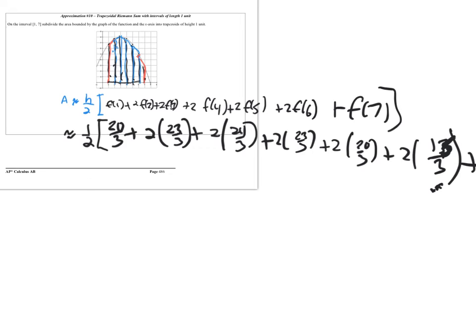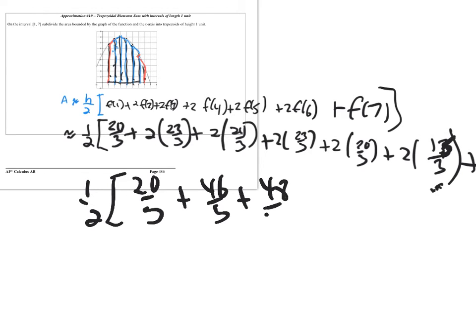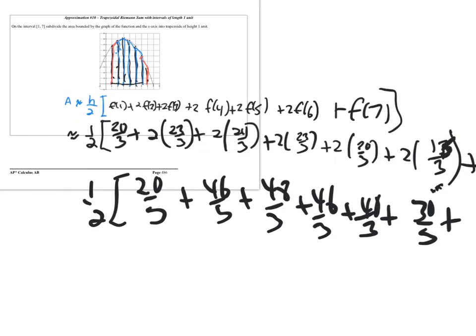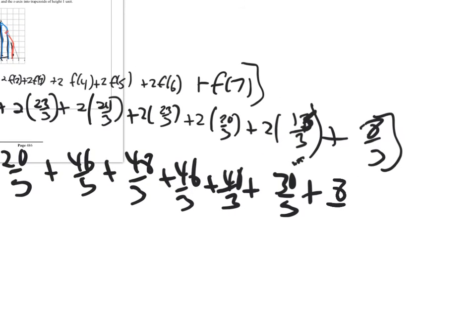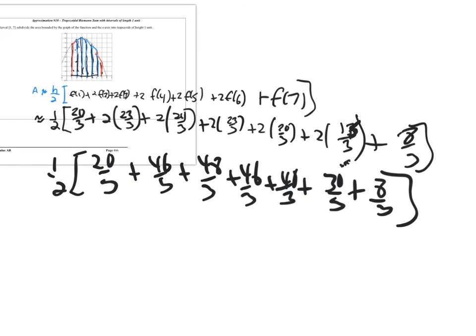Okay, so if I simplify again, 1/2 times 20/3 plus 46/3 plus 48/3 plus 46/3 plus 40/3 plus 30/3 plus 8/3. That gives me 1/2.